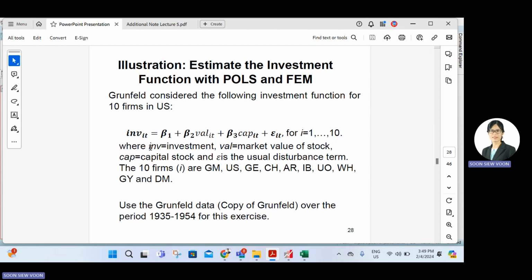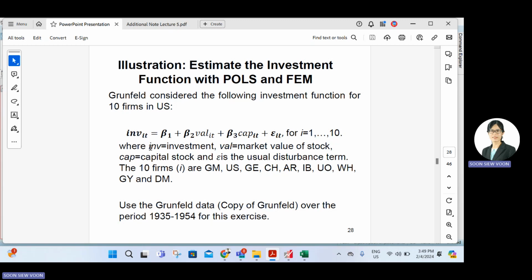Then we also discussed a bit the least squares dummy variable estimator. Just now we also discussed the fixed effect estimator, followed by some issues of the fixed effect models. Next week we are going to discuss the random effect models.